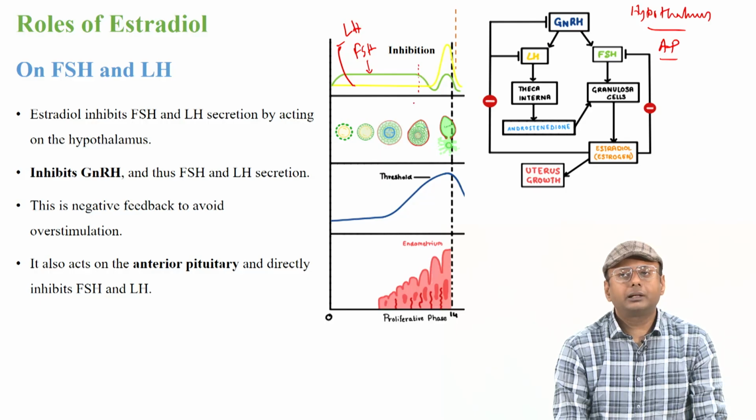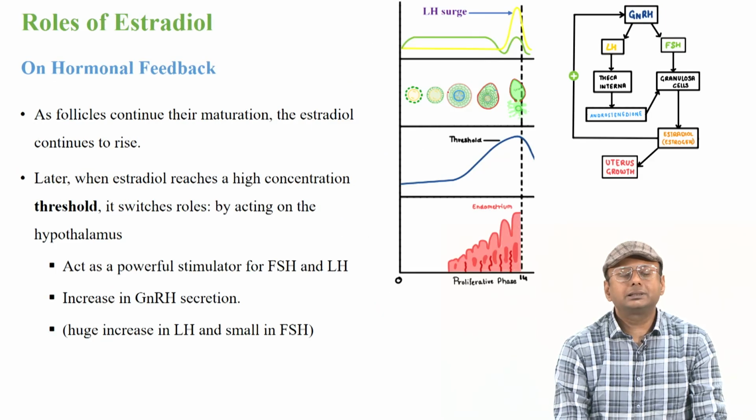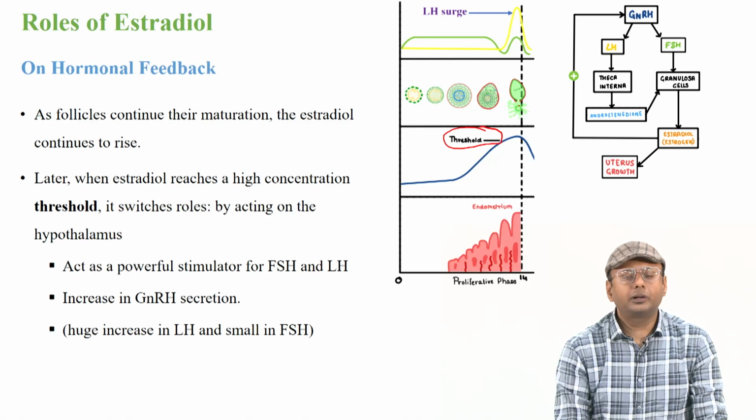So after maybe day 8 or day 9, the LH and FSH level drops till around day 11 to 12, right. So you can see where the LH and FSH level drops a little bit. Now what happens is there is a saturation or a threshold level. You can see continuously the granulosa cells are proliferating, causing the maturation of the egg, and when there is almost a formation of this Graafian follicle or the dominant follicle, then there is a continuous increase of the estradiol level, right.